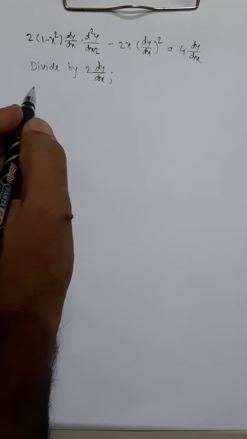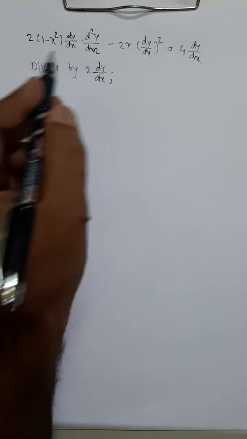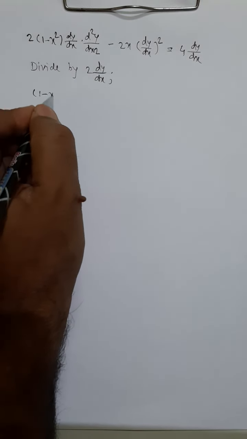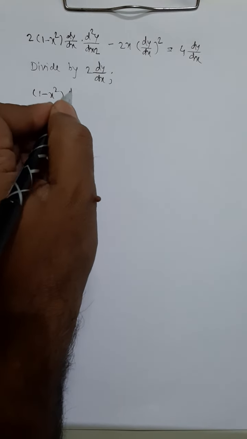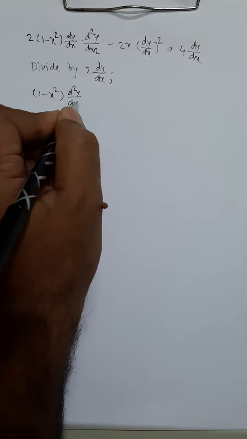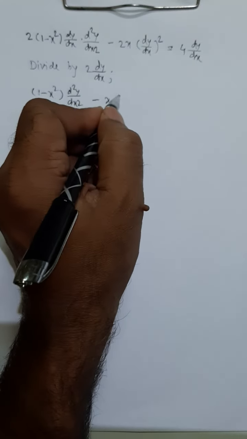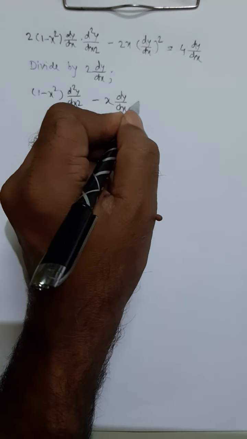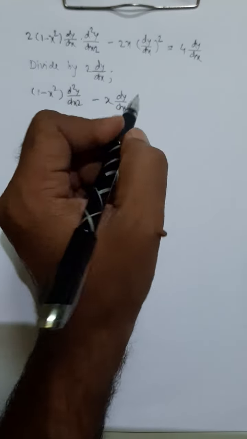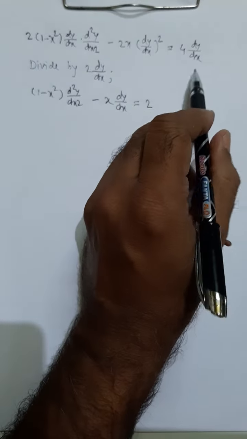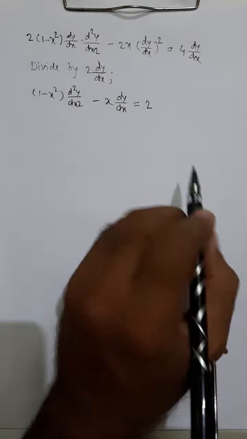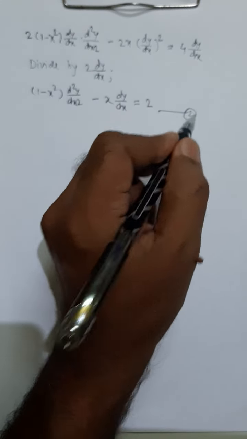So we get here 2 cancel, dy by dx cancel, and we get (1 minus x square) into d2y by dx2 minus, this 2 cancel, 1 dy by dx cancel, 1 dy by dx left, is equal to, we divide by 2, we get here 2, and dy by dx cancel here, and this is equation 2.